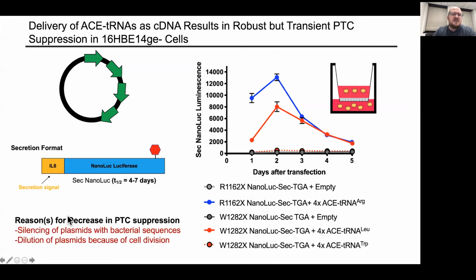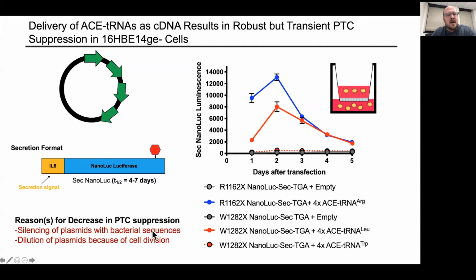So our explanation for this decrease in PTC suppression activity is that we have silencing of our plasmids because of the bacterial sequences that are encoded in these plasmids. And also there's a dilution of the plasmids because of cell division. So 16HBE cells split quite rapidly, and when they form monolayers, they still seem to continue to split.